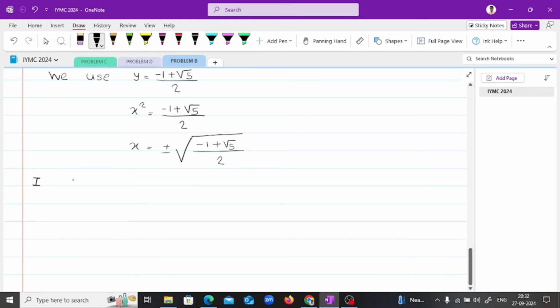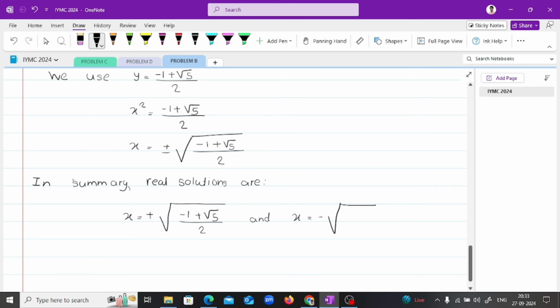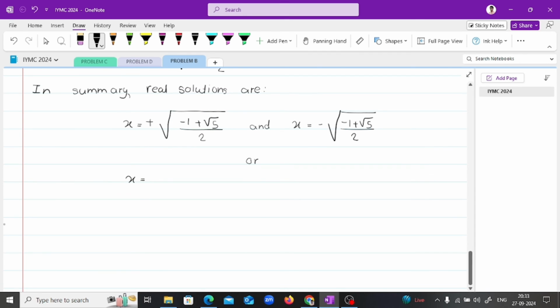So in summary, the real solutions are x is equal to plus square root of minus 1 plus root 5 upon 2, and x is equal to minus square root of minus 1 plus root 5 upon 2, or you may write x is equal to plus or minus square root of minus 1 plus root 5 upon 2.